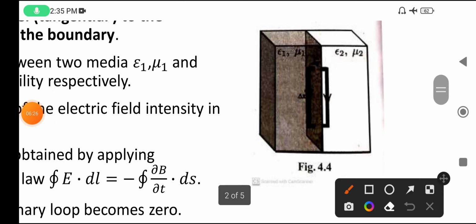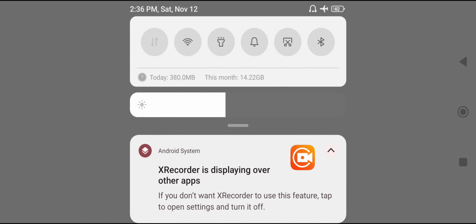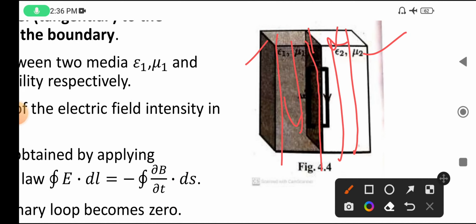Here it is one object, it is another object, and let the field come like this, tangentially. When we expose them to the electric field, the electric field lines are downward only. But what we need is the electric field at the boundary. Field coming means it may touch the boundary.